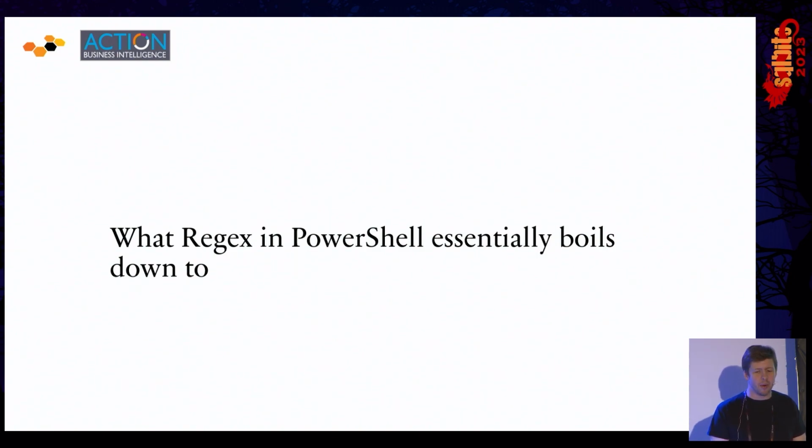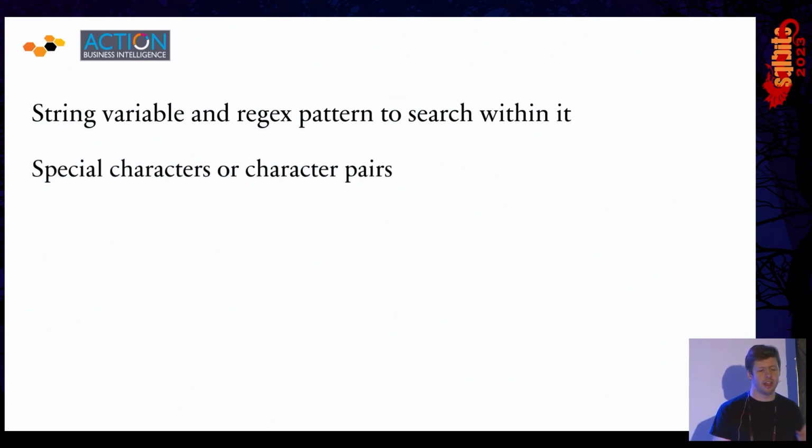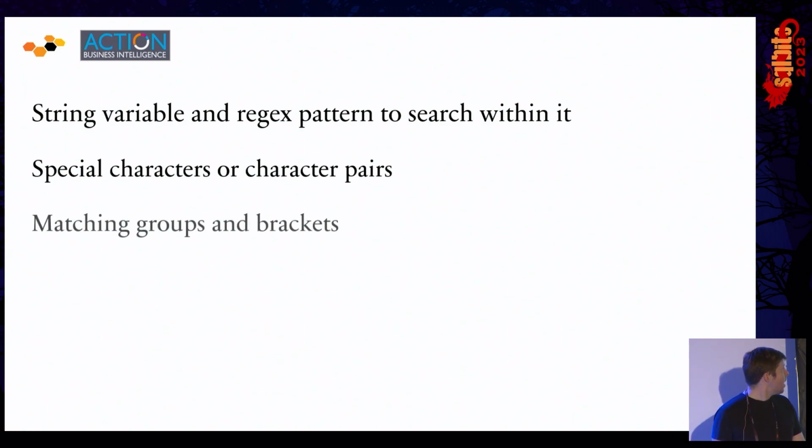What is regex in PowerShell? What does it boil down to? It's basically text and then the pattern that you search within it. It's special characters and pairs of characters which make the patterns that you're searching within the text more advanced. It's matching groups and brackets which build on the characters, which allow you to ask for repetitions of what you want.